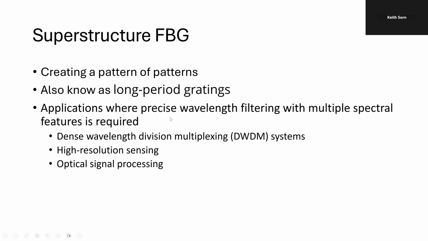Anywhere where precise wavelength filtering has to be done with multispectral features. This is going to be done for our dense wave division multiplexing, for high resolution sensing, and for optical signal processing.